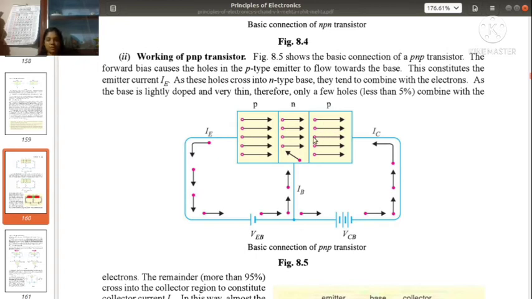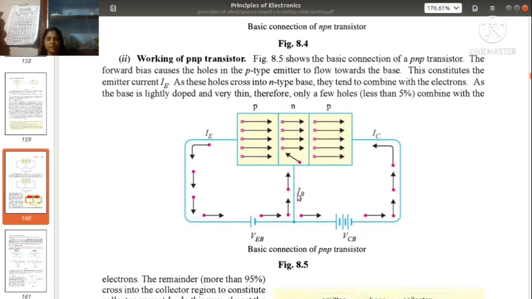Almost 95% of the charges coming from the emitter flow to the collector, which constitutes the collector current. Since this is the direction of flow of holes and this is the direction of electrons, the current will flow in this direction. This is the working of the PNP transistor, just similar to the NPN transistor.